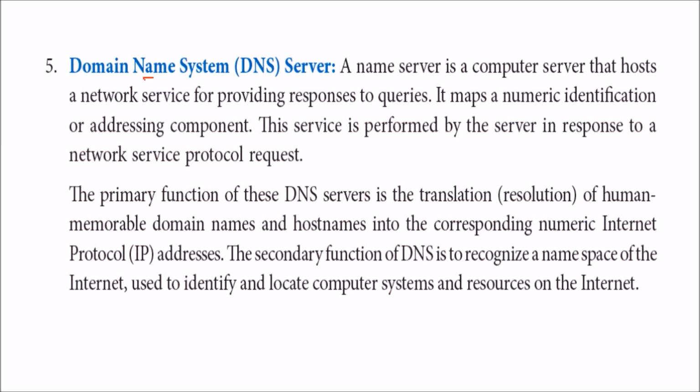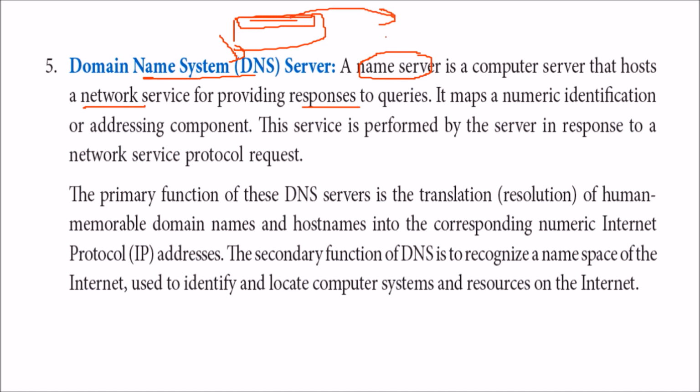Then we have the domain name system, DNS server. This is basically a translation scheme. The name server is a computer server that hosts networking services for providing responses to queries. Whenever you write something in a web browser, www.yahoo.com is nothing by itself.